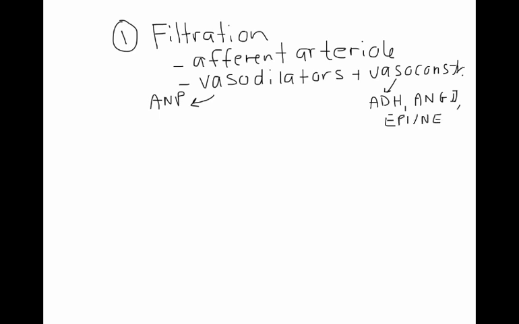And so when we have a state of low blood pressure, for example, or dehydration, then these are the signals that cause vasoconstriction at the afferent arteriole, and so we have less blood filtered in the first place. When we have to get rid of extra fluid volume, A and P is a vasodilator.